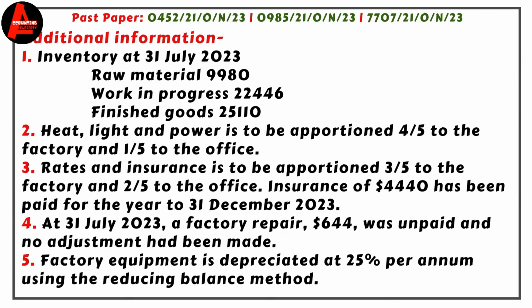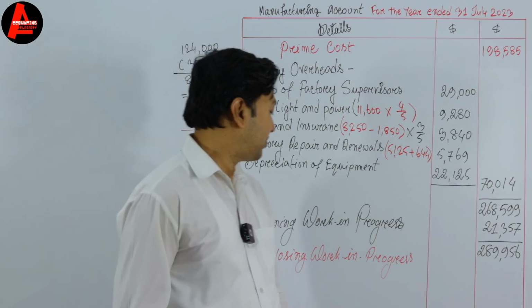So here on the question we have closing work in progress. In additional information, number one we see here inventory at 31st July 2023. So this is the ending of the financial period. We have here raw material balances, then we have here work in progress. So here we have $22,446. Okay, this is our closing work in progress.